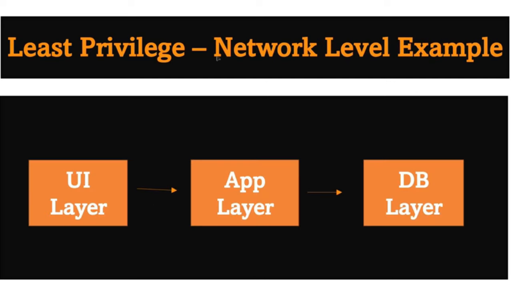Next, we will see how it is done at the network level. Say there is an online retail application that handles user accounts, product inventory, and payment processing. And this is trying to employ the least privilege principle for network security. So the application architecture is divided into three different network segments.